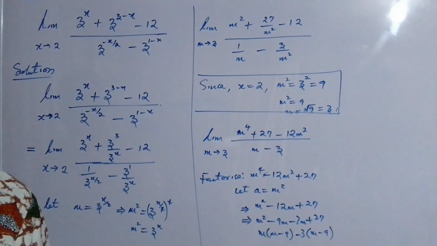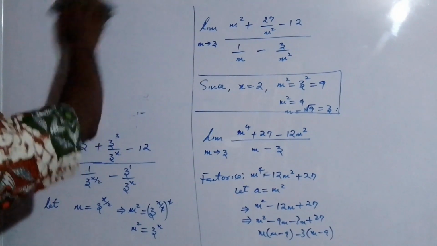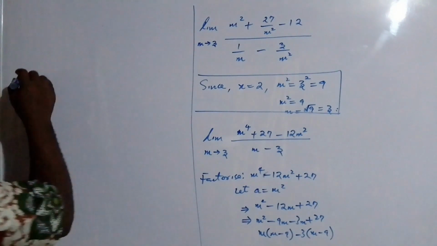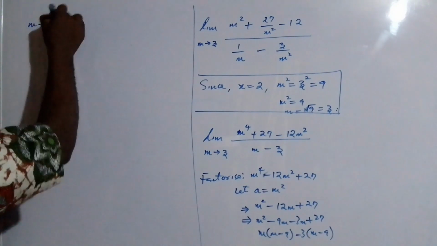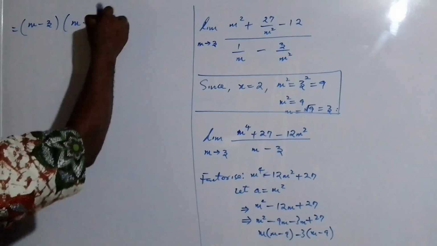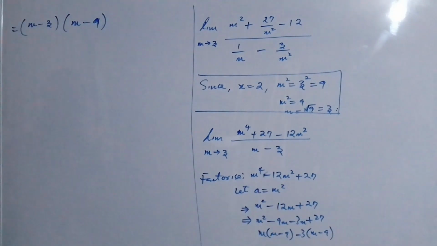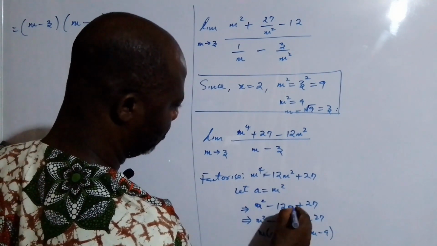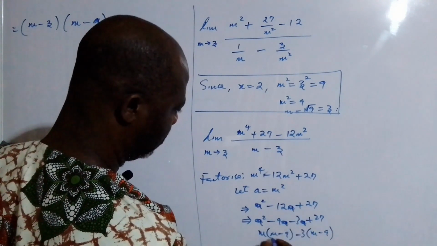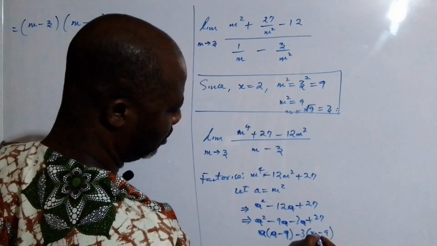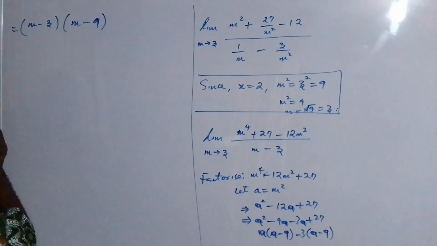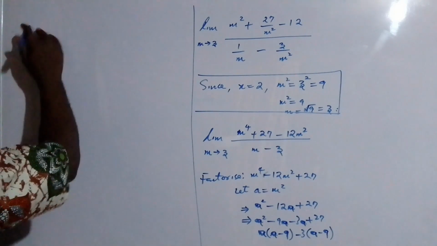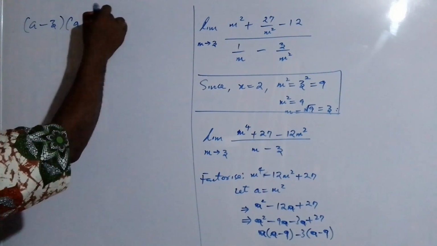So what we have now is a minus 3 times a minus 9.